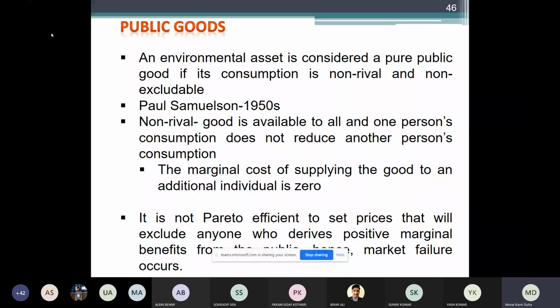As a result of that, the markets or the prices will not reflect the true value of the resources or goods and services. So that's why there will be market failure out there. So we'll try to have a look into that, how it happens.